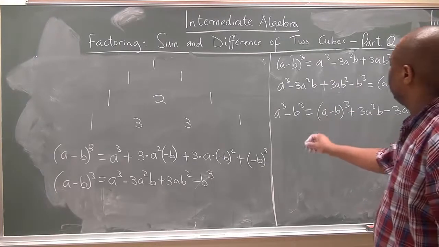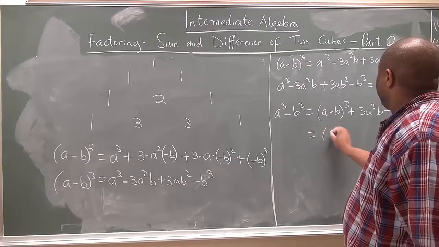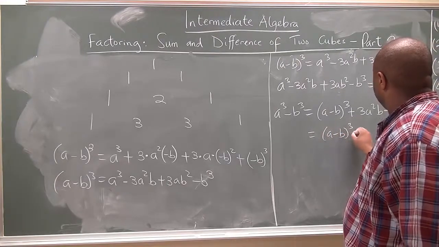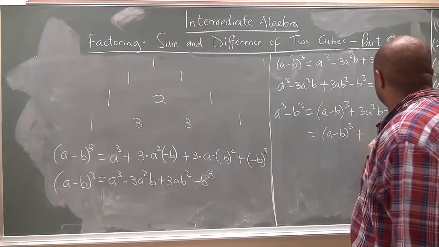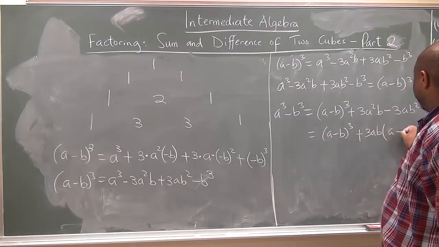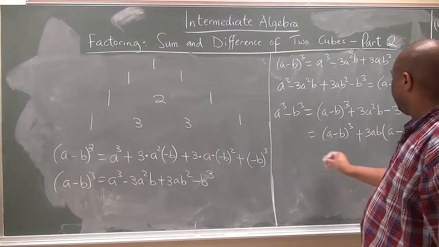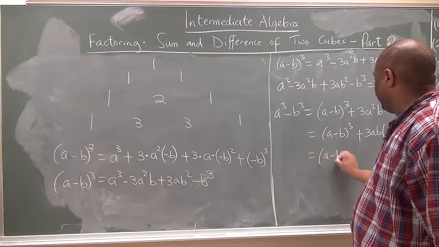Alright, now this will be equal to a minus b all cubed. What is common here? Plus 3ab is common here. What is remaining? A minus b. So a minus b, you bring it out, is common on both of them.